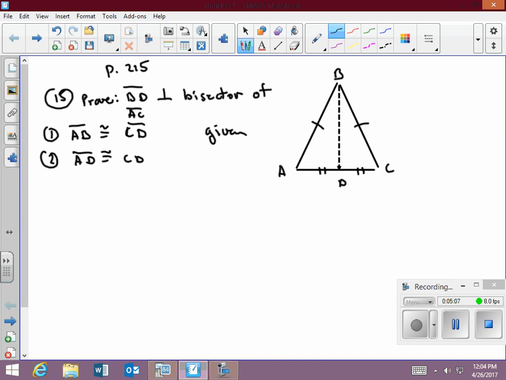I think I wrote this wrong, this should be a B. It's given that it's isosceles. And this is given, median. This is given, isosceles.